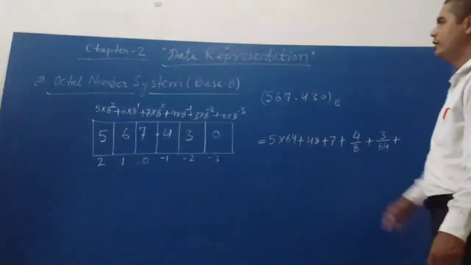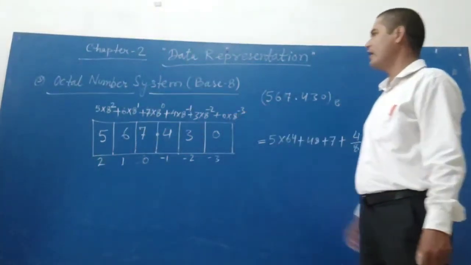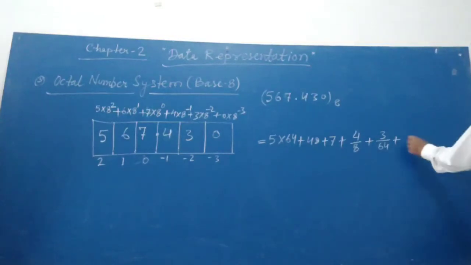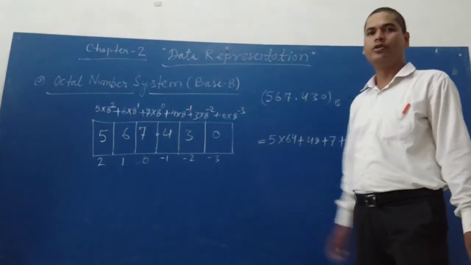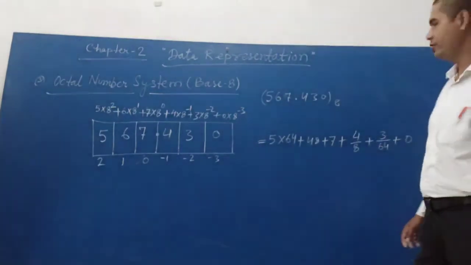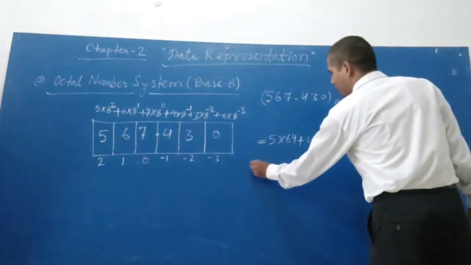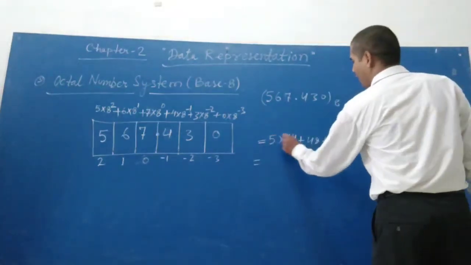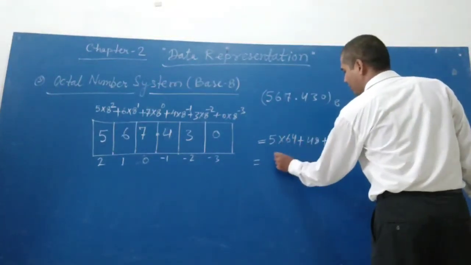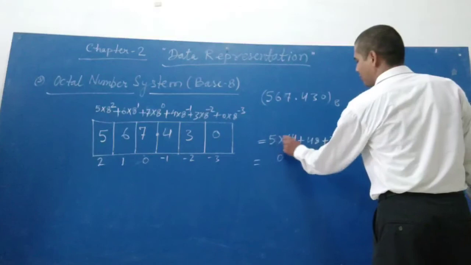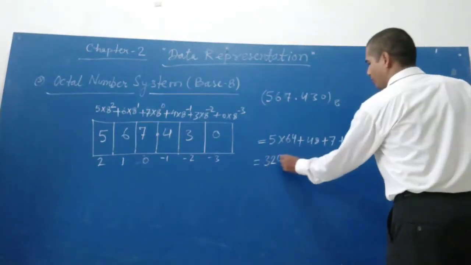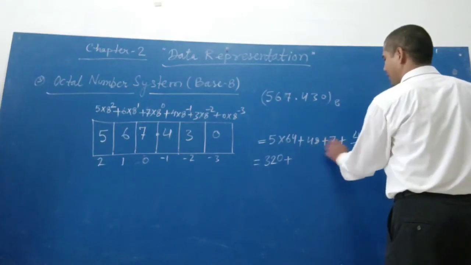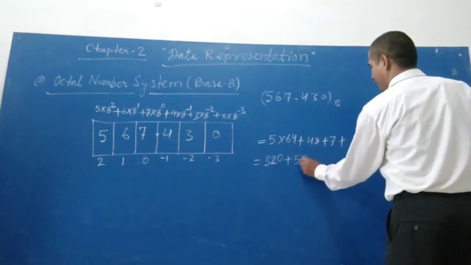Plus 0 into 8 to the power -3, which becomes 0 because multiplying with 0 gives 0. Now we calculate: 5 into 64 is 320, plus 48 and 7 makes 375.